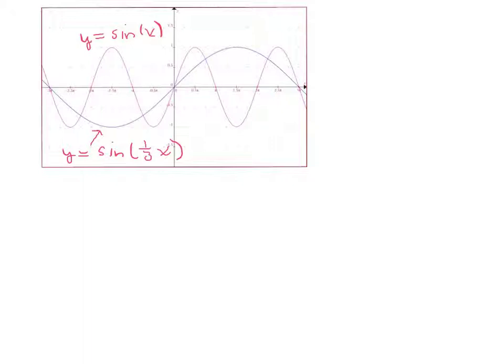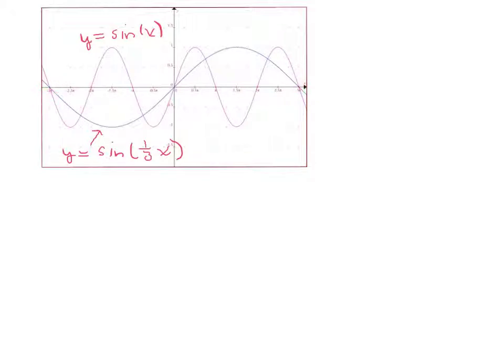Okay, so here we've graphed sine of x and then the sine of 1/3 of x. And can you see what the change is? Once again, the period has changed. One full cycle of sine of 1/3 x goes from minus 3 pi to 3 pi.